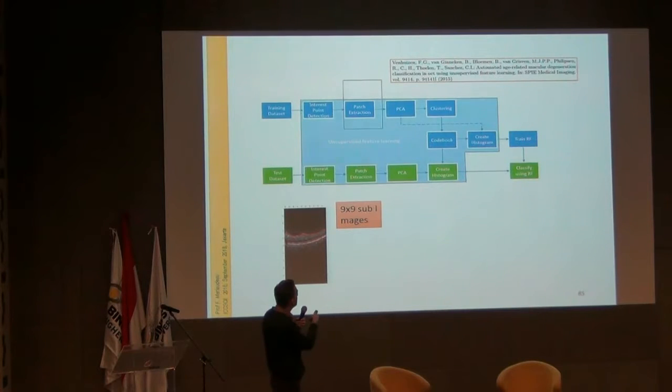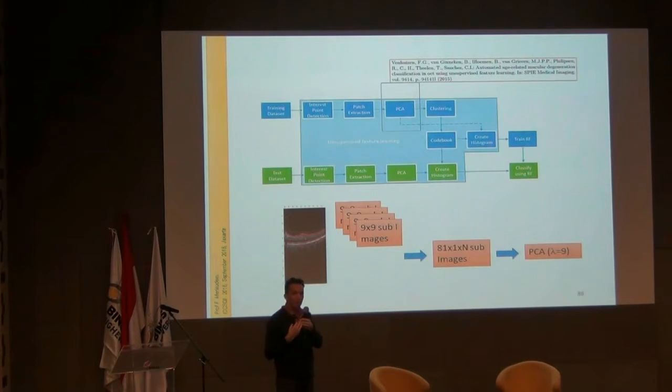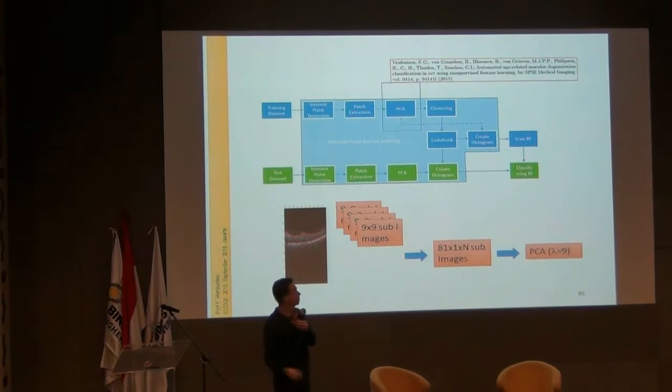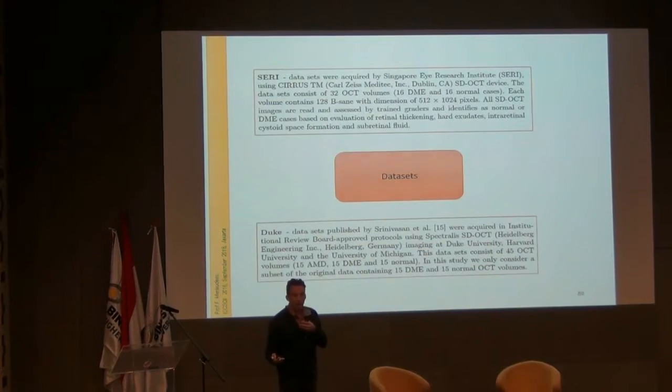So if you have n of these, you have a big vector. Then they do PCA to reduce the dimension. After the projection into the new dimension given by the principal component analysis, they do bag of words, a clustering with 100 words. And then they classify.